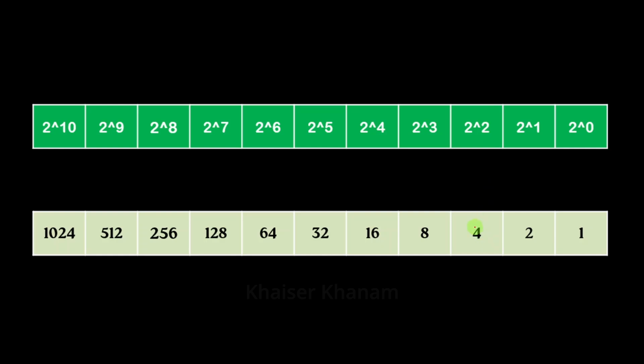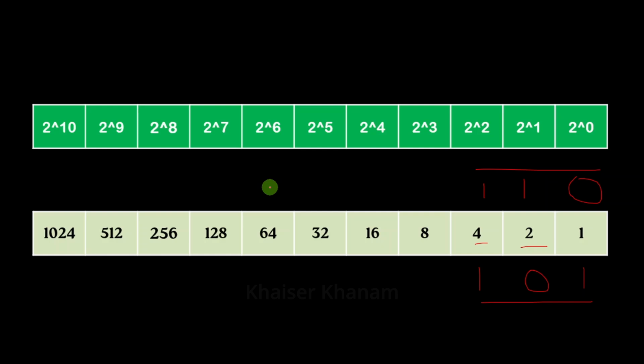So here I can just add the numbers: 4 plus 1, I will get 5. Whichever numbers I am adding, there we put 1, and in between we put 0. So this will be the binary representation of 5. If you want to find it for 6, 4 plus 2 is 6. So here and here 1, and here I will have 0. So this will be the binary representation of 6. Similarly, whatever number you want, you calculate accordingly and add these bits.